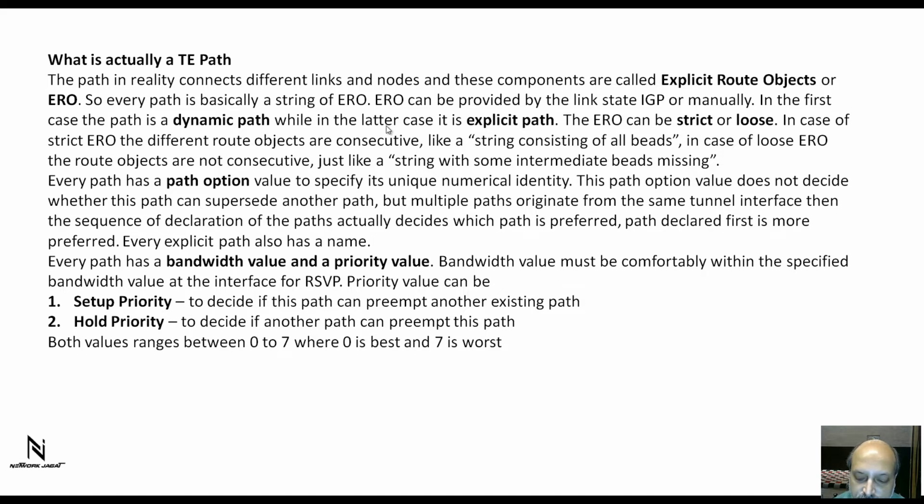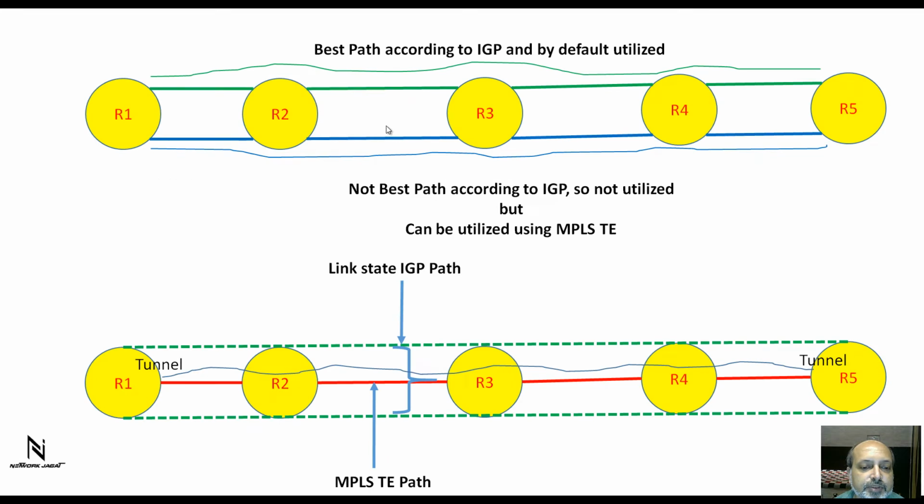Right. So if you once again consider this TE path, although I have told you beforehand, don't consider this red line to be a physical link, right? It is not at all a Fast Ethernet link or serial link or something like that. But definitely it is passing through some kind of physical link, isn't it? It is not hanging in the air.